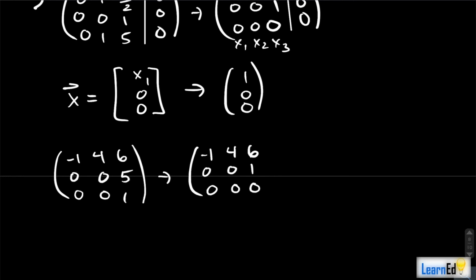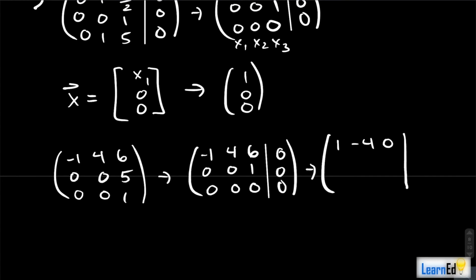Okay, we get that. We can augment with zeros, of course. And we can zero out this 6 here. We'll get this thing to be a 1, so we will scale by negative 1. So we'll have a 1, negative 4, 0, 0, 0, 0, 1, 0, 0, 0, 0, 0.